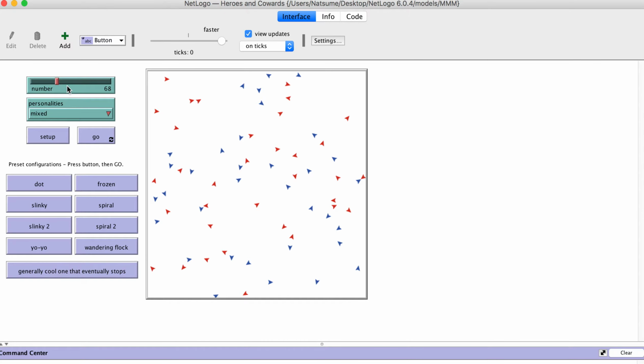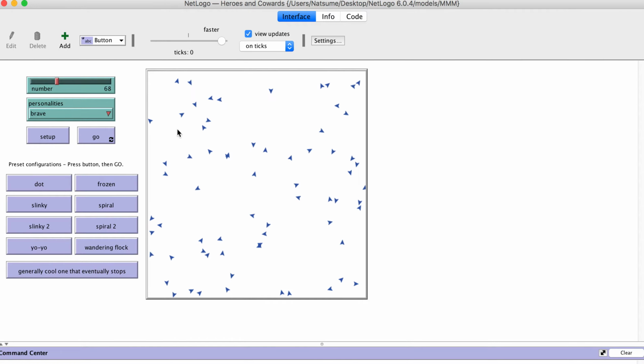Say we create 86 agents and we make all the agents heroes. In this way, all the agents are blue, and every agent will choose a friend and an enemy. But you don't have to tell everybody else who your friend and enemy are, so we don't show it by color.